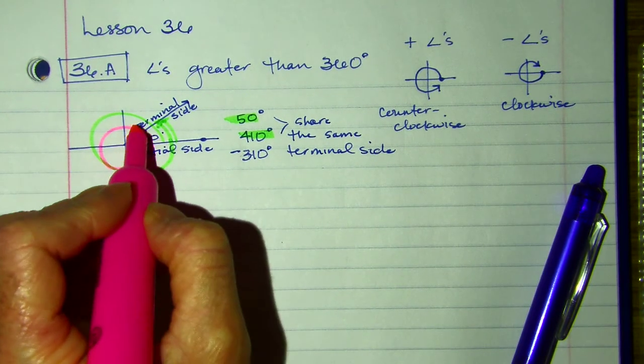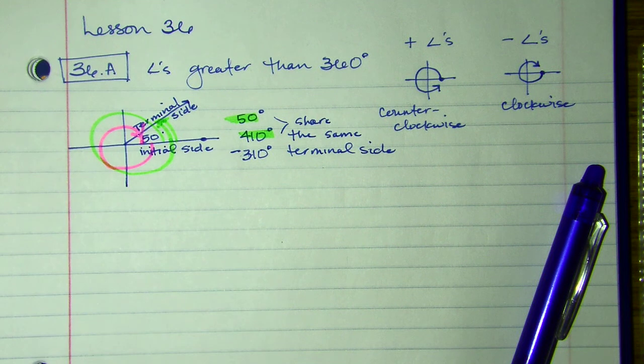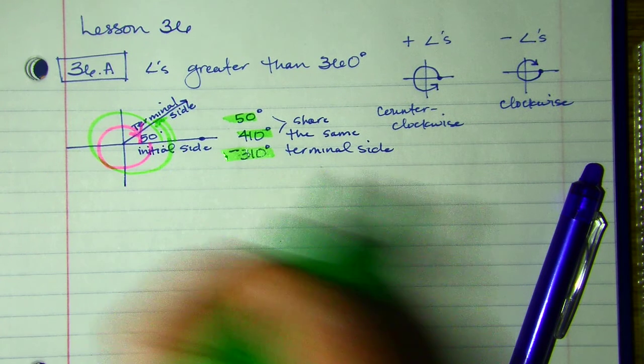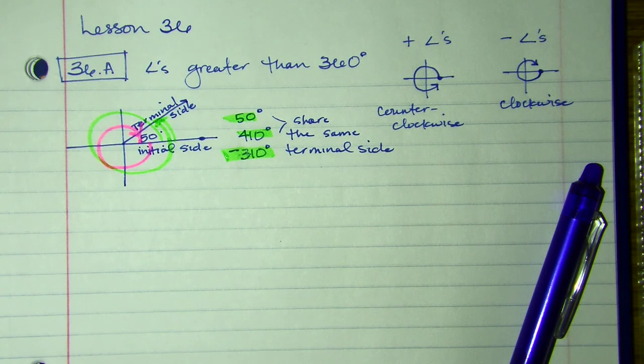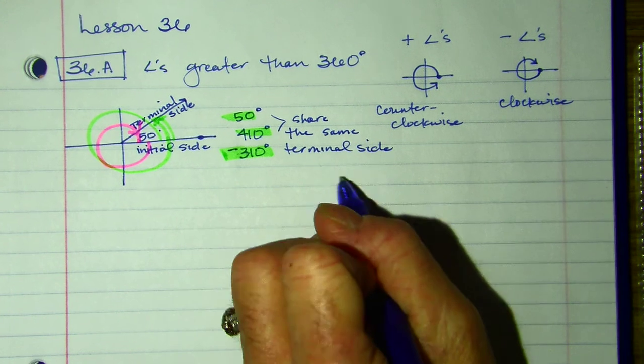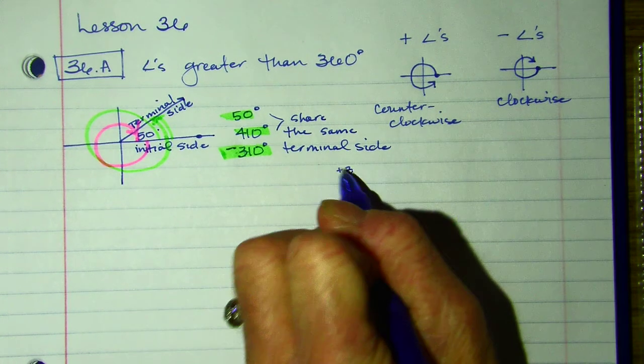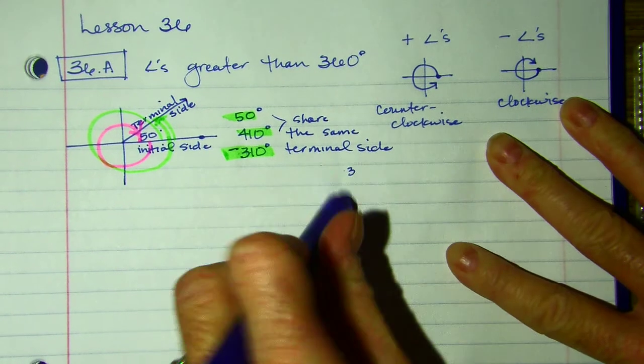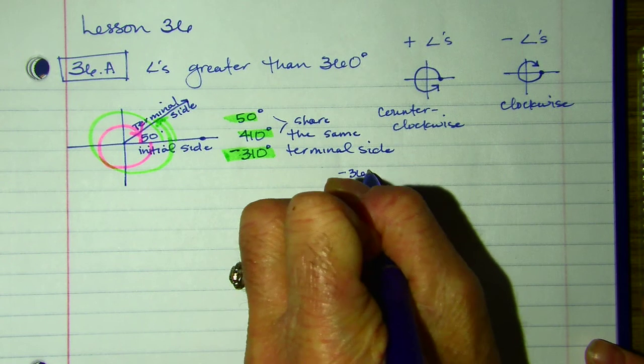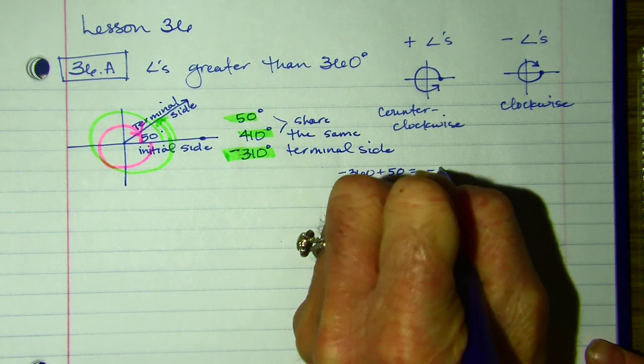But negative 310 would stop there as well. So this section goes over several angles can share the same terminal side. So just be aware of that and know that they are going to be in a sum of 360. So like negative 360 plus 50 gives me the angle of negative 310.